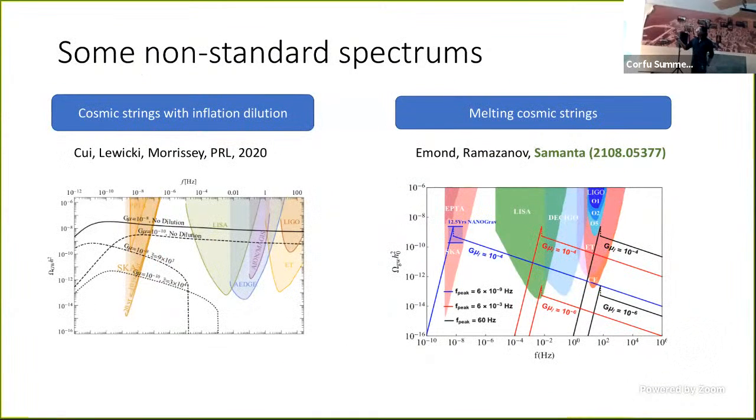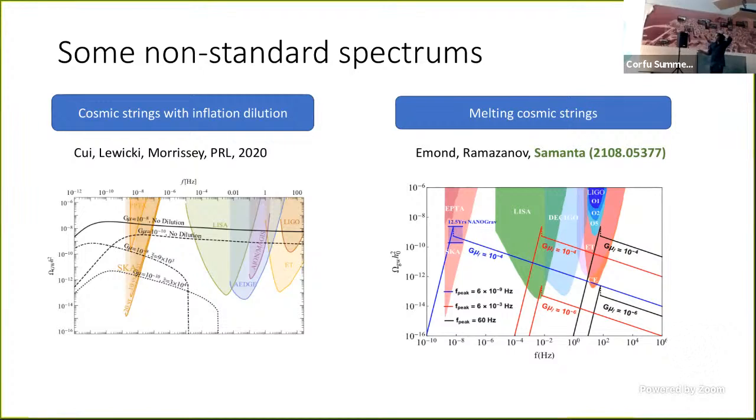Okay, so before I go to the discussion about those scenarios, let me show you some non-standard spectra. For example, this is the standard spectrum in radiation domination, but if the symmetry breaking happens during inflation, there could be dilution in the loop number density, and you can have a spectrum like this, which is non-flat.